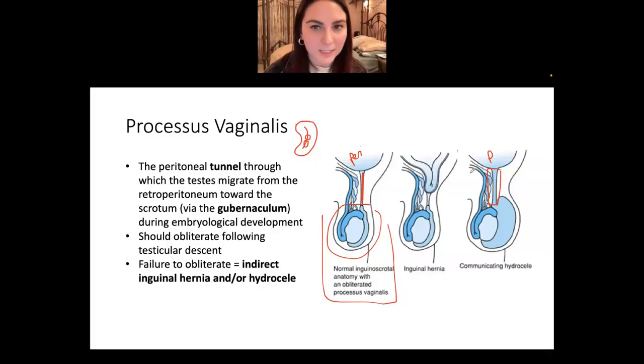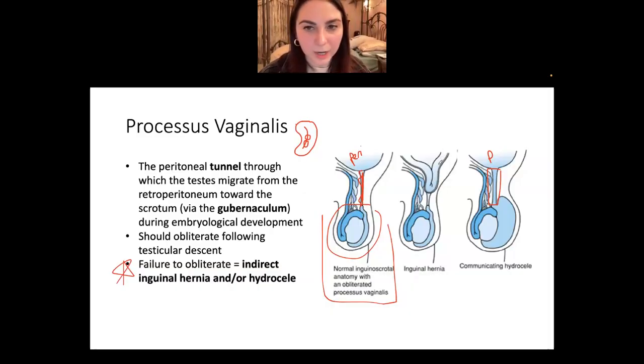It has to do with the processus vaginalis, because in utero it should obliterate. But if it does not obliterate and stays open, that can cause a hydrocele. It's also really common to cause an indirect inguinal hernia, which I have down here, and which you'll see in that PowerPoint.